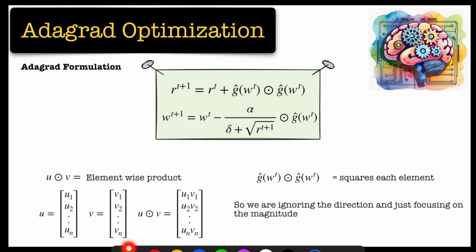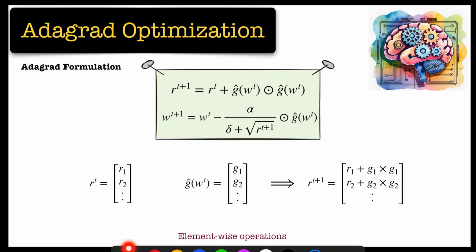For different parameters we can have different directions; a few will be positive, a few will be negative. But when we square, we ignore the direction and just get the magnitude, and because we square it, we get much more amplification. Next, Wt+1 is Wt minus alpha times this, delta plus the square root of Rt+1, dot g hat Wt.